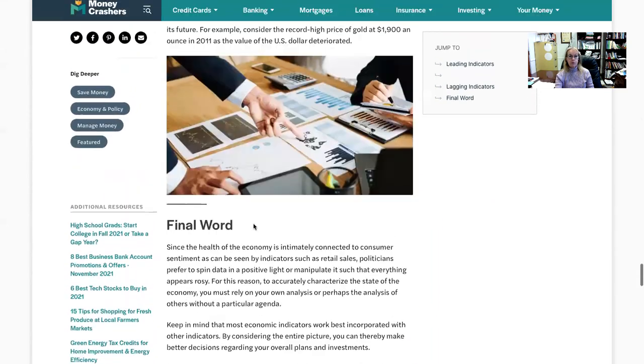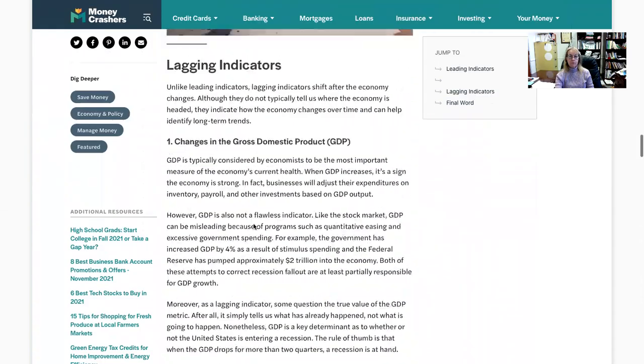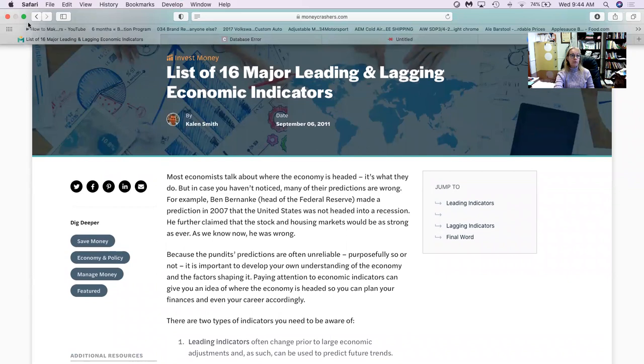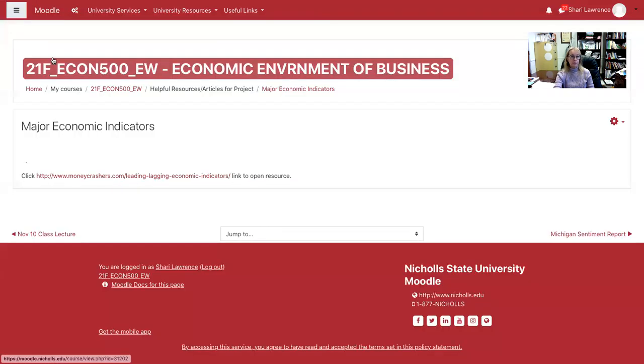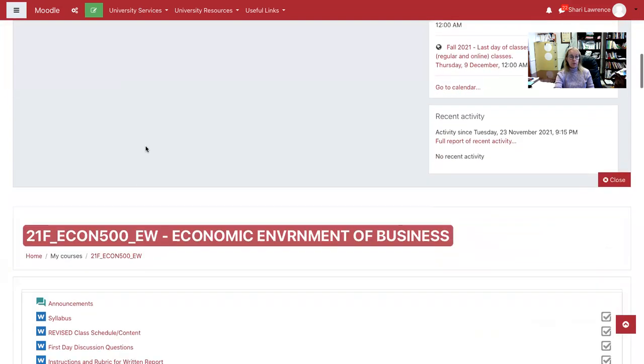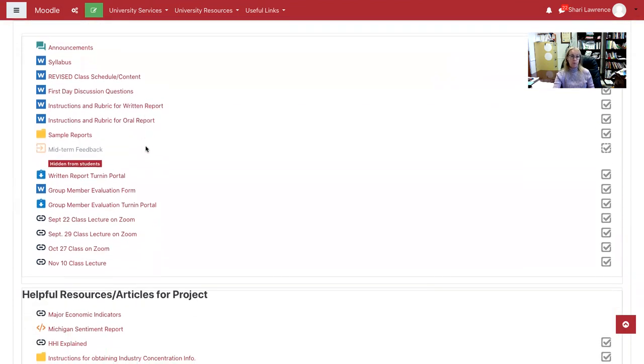Okay, so anyway, that'll give you some idea of some of the indicators, leading and lagging, to use in your report. Okay, so how do you find the information about these indicators? Well, there's an economic calendar. You can Google GDP, or you can do your research and get information on GDP for your regression analysis.